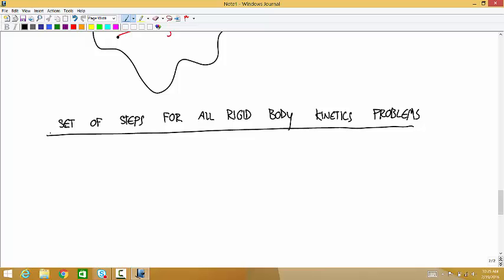Okay, so the first thing you have to do when you're going to use the rotational equation is figure out, is it rotating about a fixed point or not? Is it rotating about a fixed point?